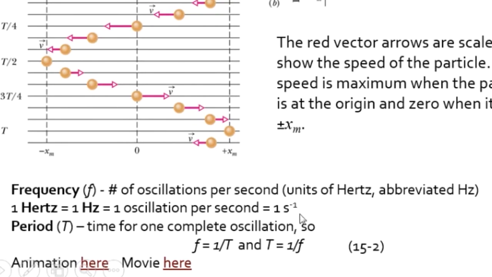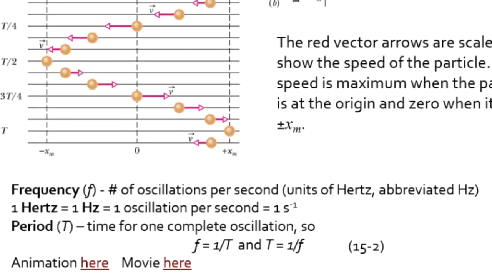The period is the time it takes for one complete oscillation. And we see that the relationship between the period and the frequency is that they are reciprocals of one another. In other words, taking the example of a frequency of 10 hertz, if something vibrates or oscillates 10 times per second, then each vibration or each oscillation will be 1/10 of a second.